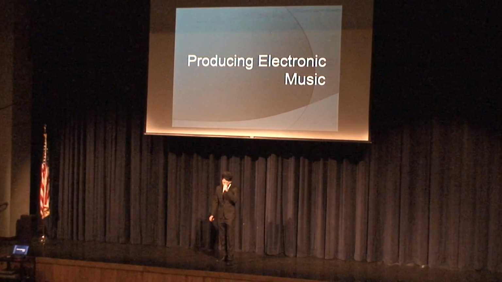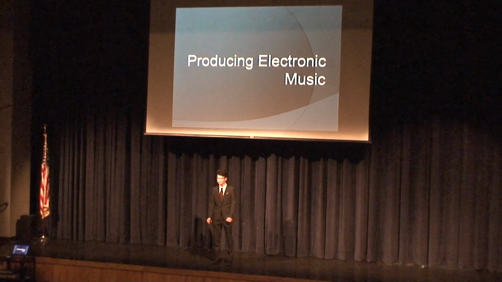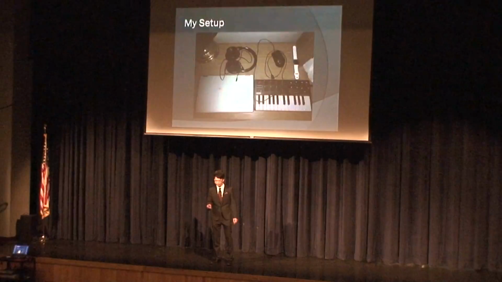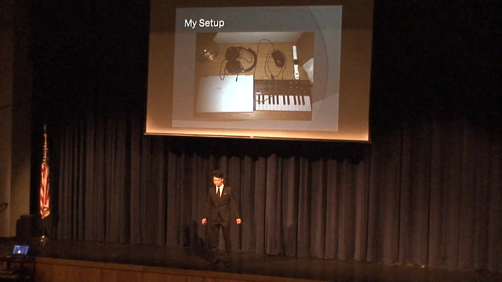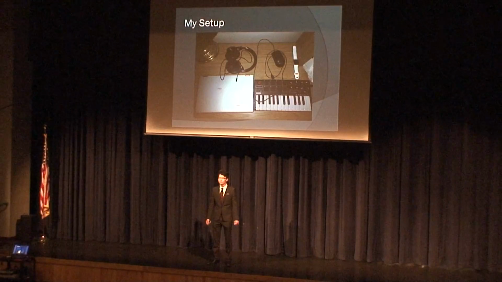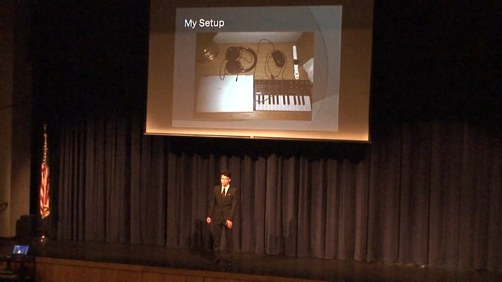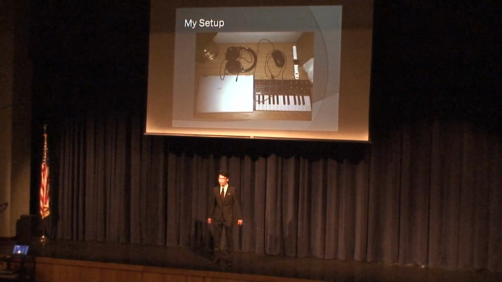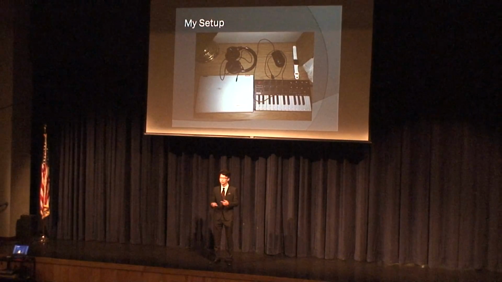And so the music I mainly produce is progressive house music, and here I'm going to show you my setup. So here I got a laptop, which is just a normal laptop with the Windows system, and my headphones, which are Sony headphones. And then I have a watch to keep track of how much time I spend on each of my projects.